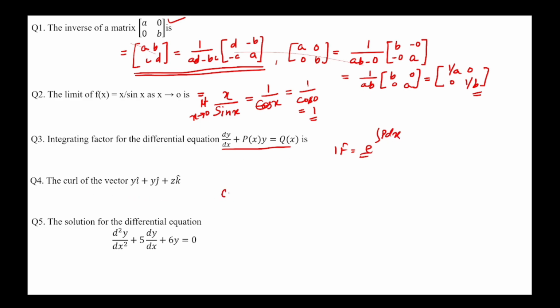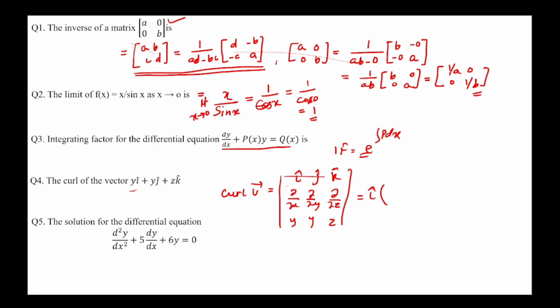So curl of any vector is equal to the determinant with i j k, del by del x, del by del y, del by del z, and putting in these values, y, y z, y z. So you'll get i times 0 minus 0.